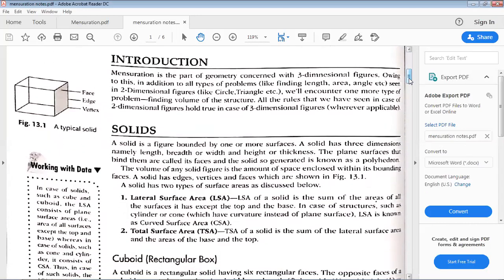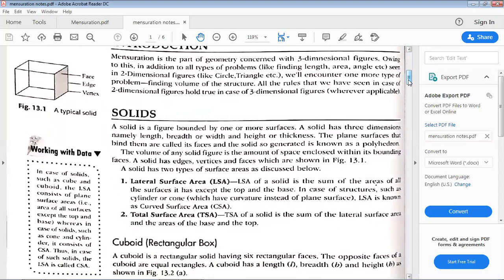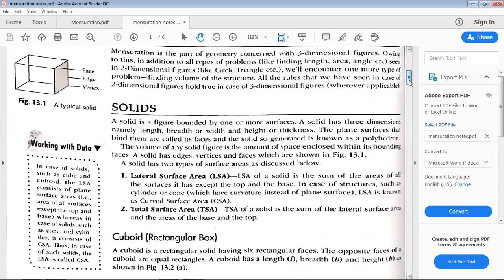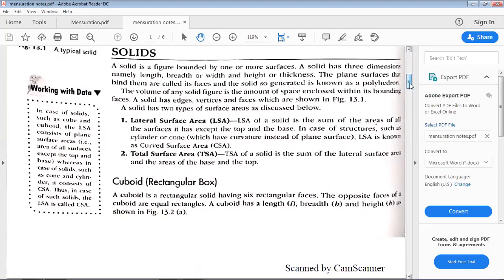So in mensuration, the first thing you should know is LSA and TSA. What LSA is and what TSA is? LSA is just the outer surface of any figure, and TSA includes the top and bottom of the figure as well. This is the main difference between lateral surface area and total surface area.